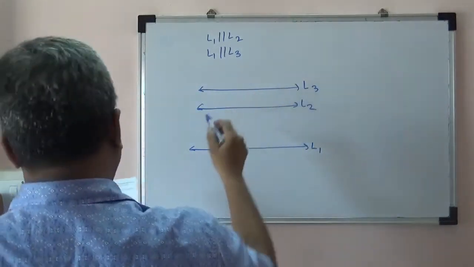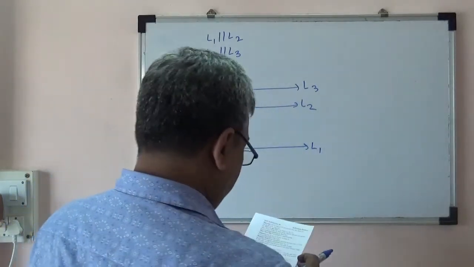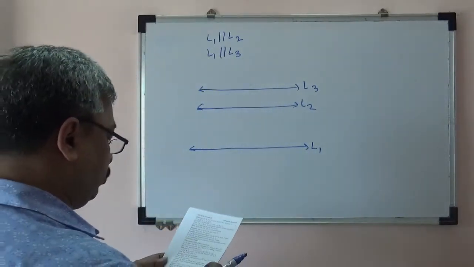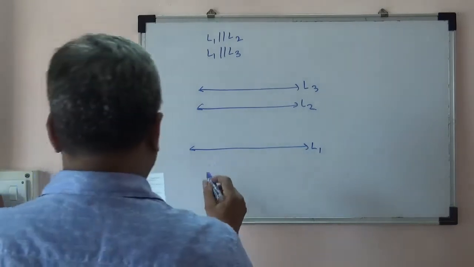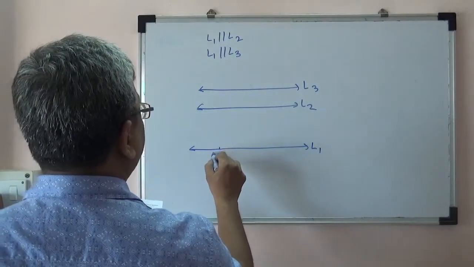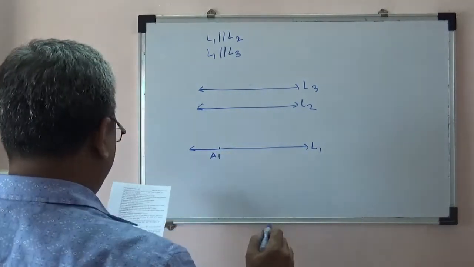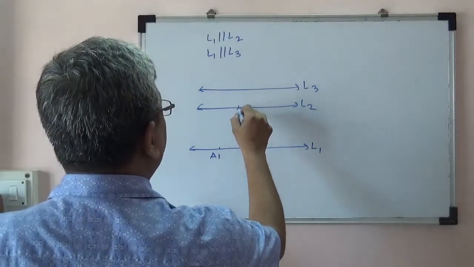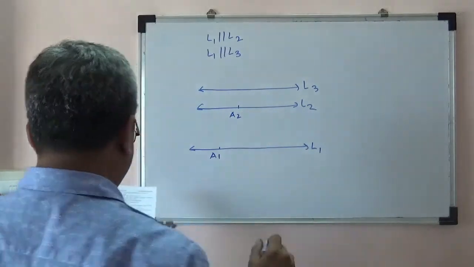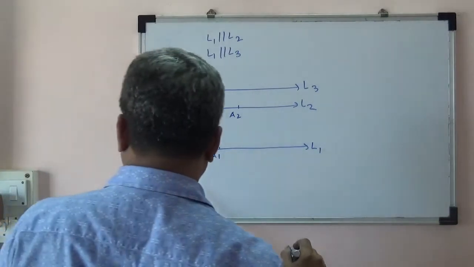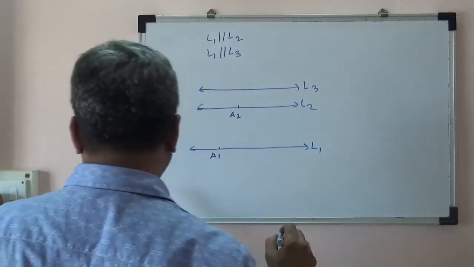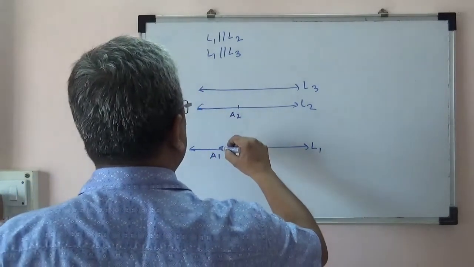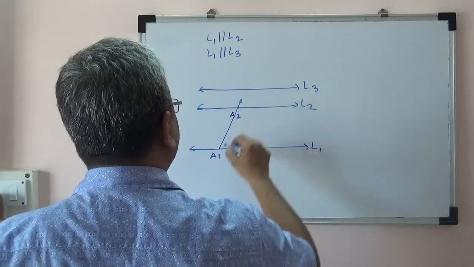Now let us prove that there exists a transversal which intersects all three of them. Suppose we choose a point A1 on L1 and A2 on L2. We need to prove that line A1 A2 intersects L3.